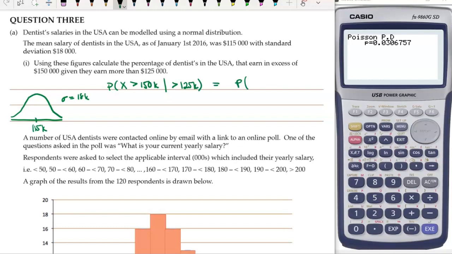So this is the probability that both of these things are true, so more than 125 and more than 150, divided by the condition, so the probability that it is more than 125.